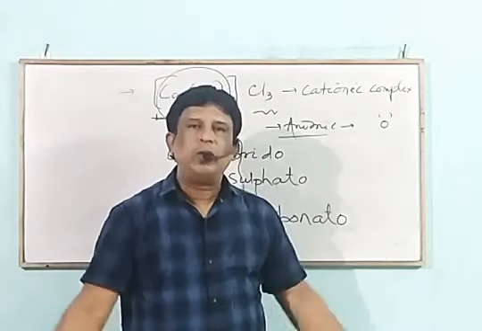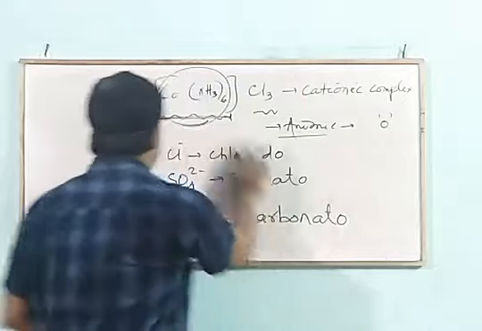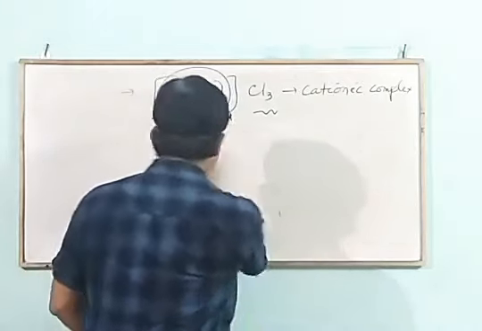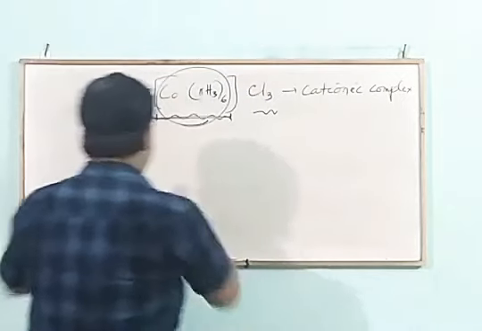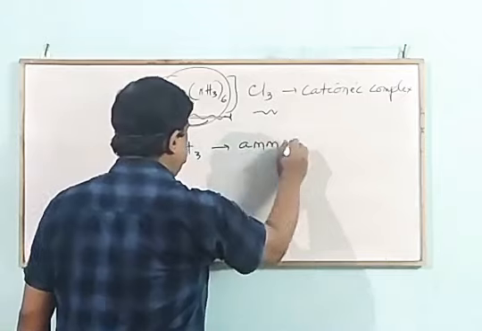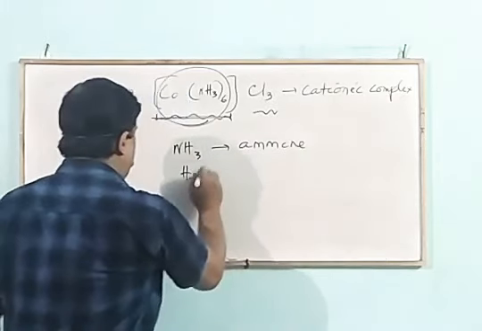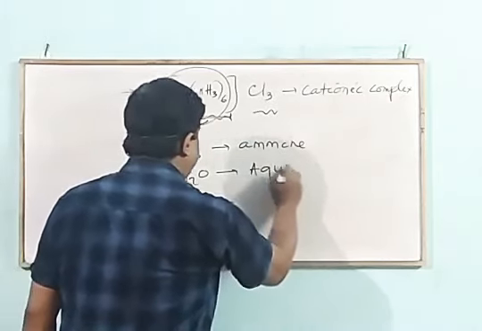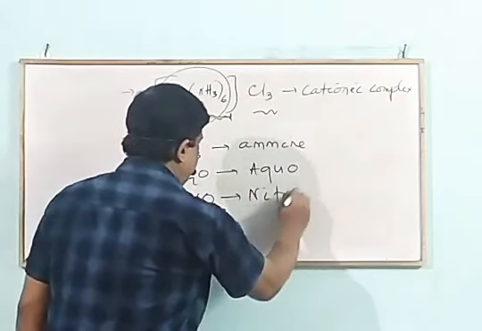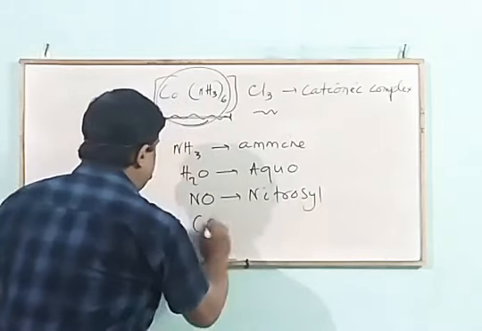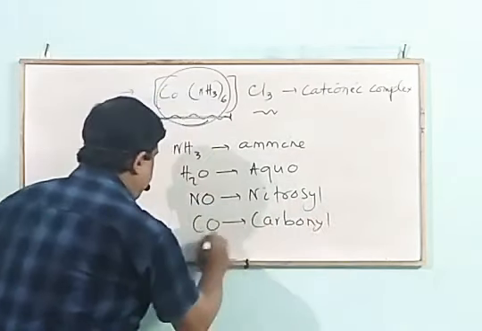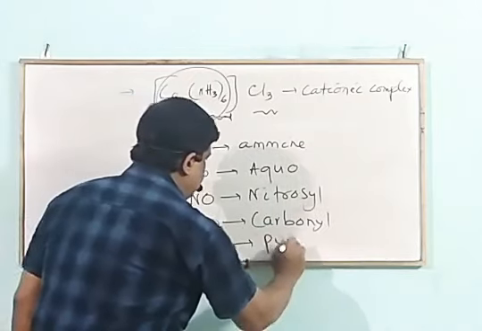For neutral ligands, no special naming is there. Mark that. NH3 is known as ammine, H2O is known as aqua, NO is nitrosyl, CO is carbonyl, py is pyridine.